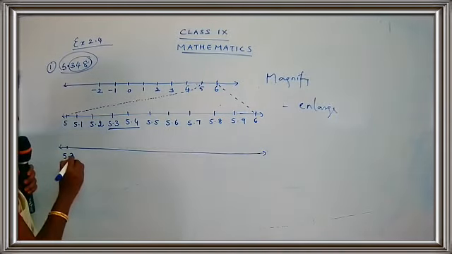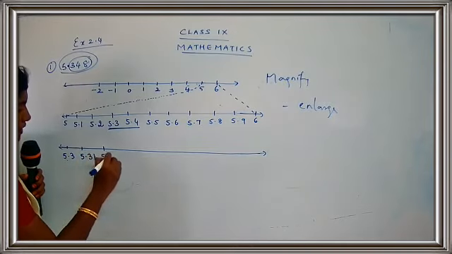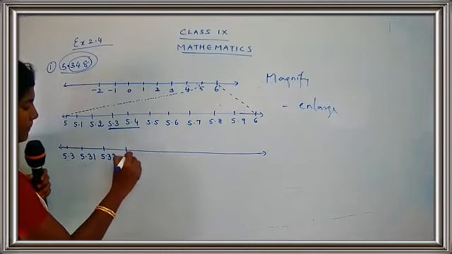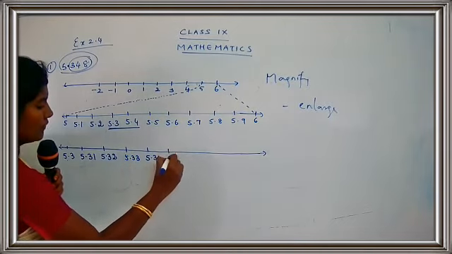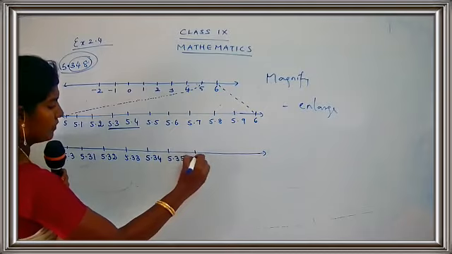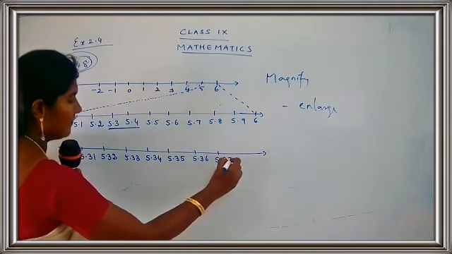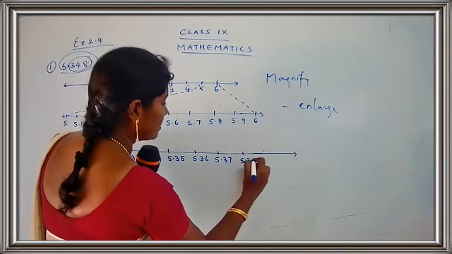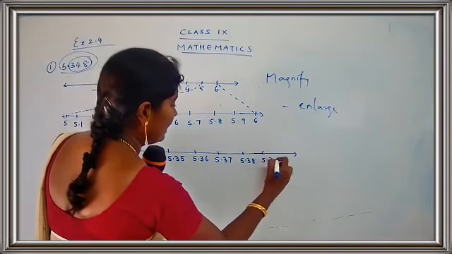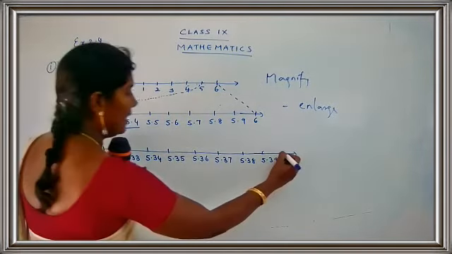So I have 5.3, 5.31, 5.32, 5.33, 5.34, 5.35, 5.36, 5.37, 5.38, 5.39 and 5.4.